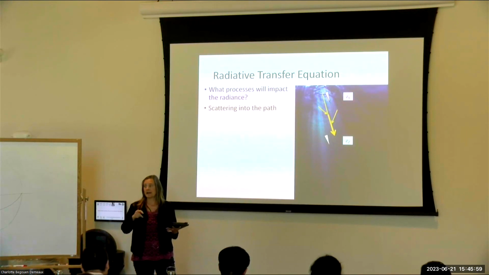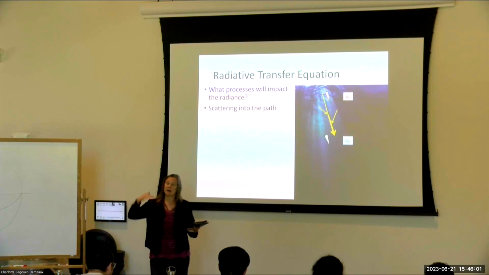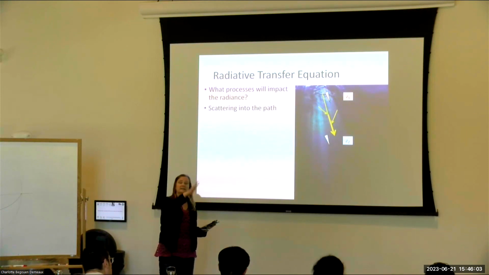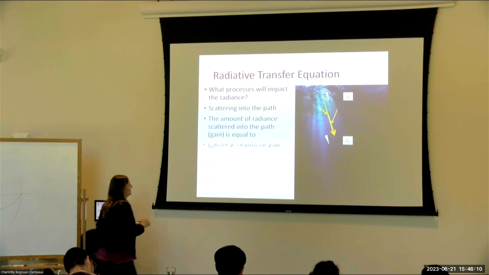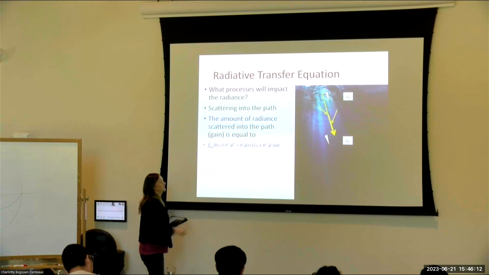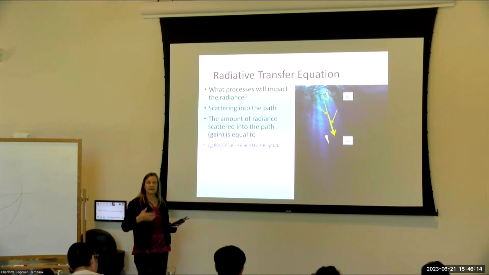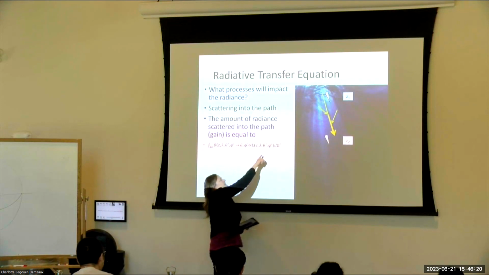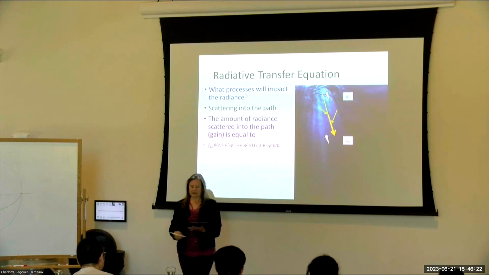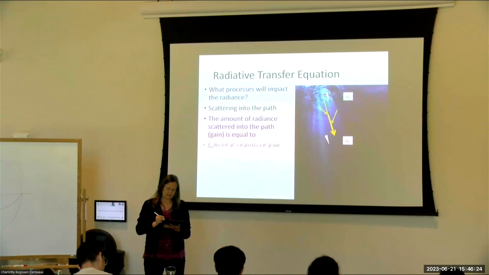We need the volume scattering function, because that's going to describe radiance in one direction being scattered in another direction. So the scattering into the path is the volume scattering function expressed as a function of theta and phi, but it's of the theta and phi of radiance coming from another direction. Right? So radiance coming from one direction, which is going to be theta prime, phi prime.